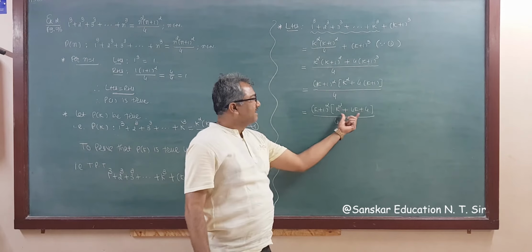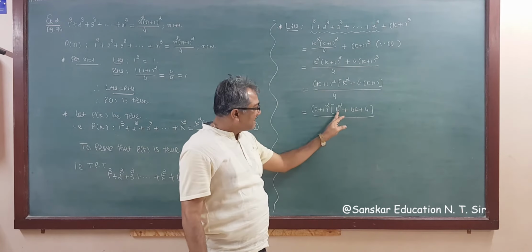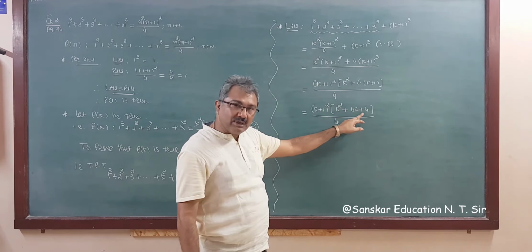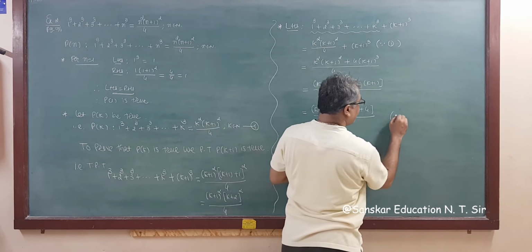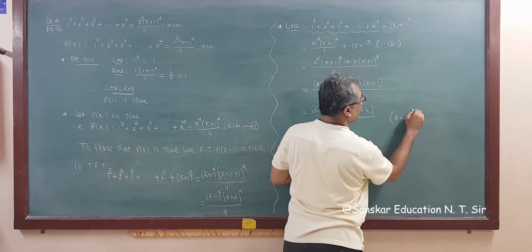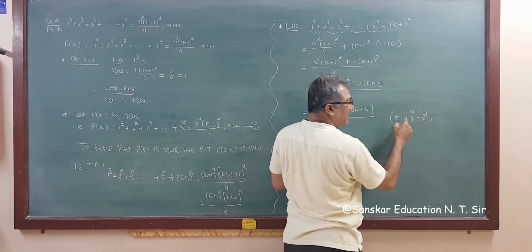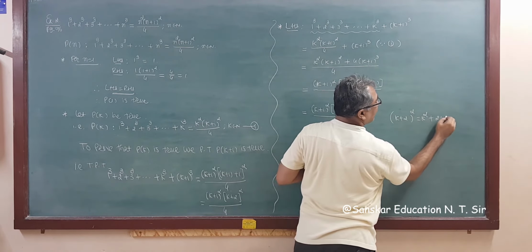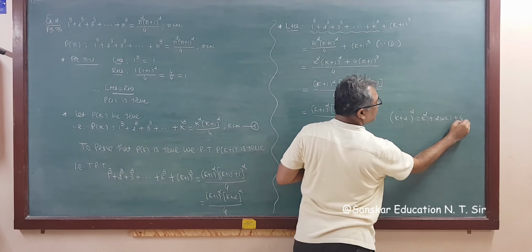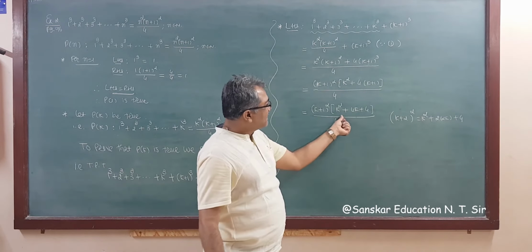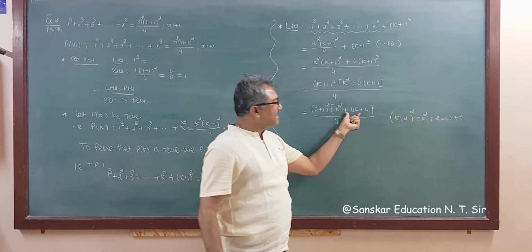So what is this? This is the perfect square, k plus 2 whole square. You know, k plus 2 whole square is k square plus 2 times AB, that is 2 times k times 2, and 2 square is 4. So k square plus 4k plus 4.